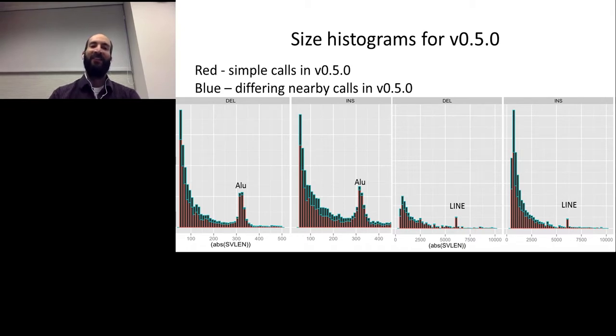On the left-hand side, you can see a nice peak for ALU insertions and deletions around 300 base pairs in size. And on the right-hand side, you can see a nice peak around 6,000 base pairs for LINE insertions and deletions. So this at least helps us to have some confidence that we're calling some real things that we'd expect biologically.